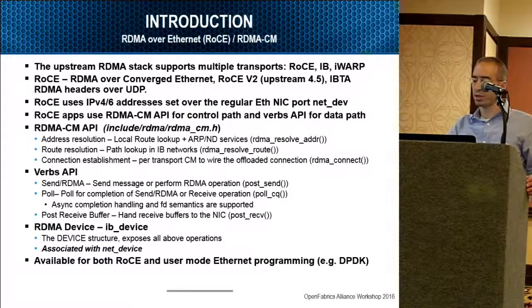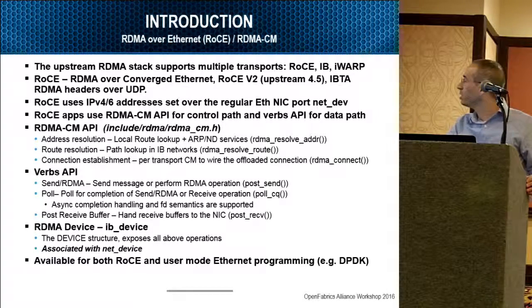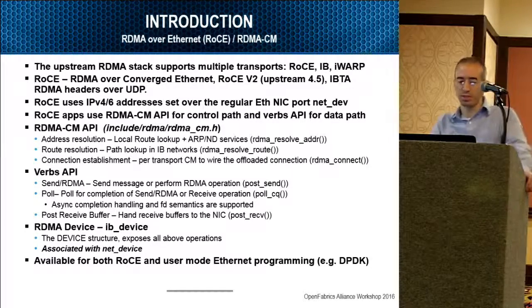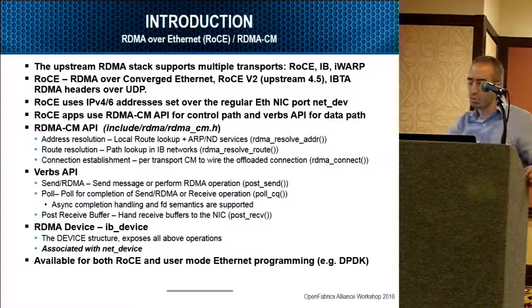Now, next one is the RDMA device. So, what is the RDMA device? Basically, as we know, there are three RDMA stack protocols that are generally supported: the Rocky, the InfiniBand, and the iWarp.